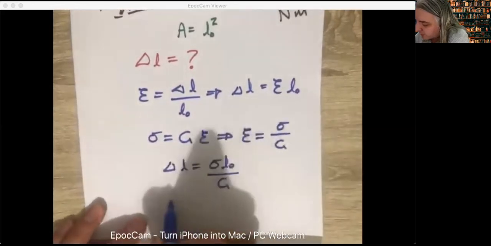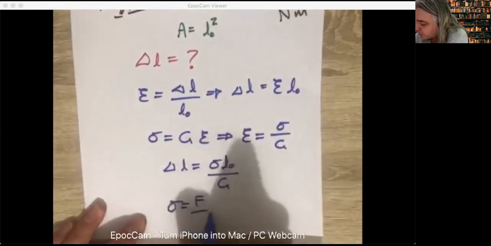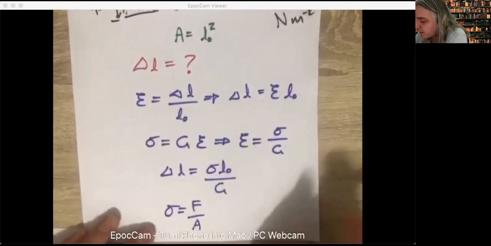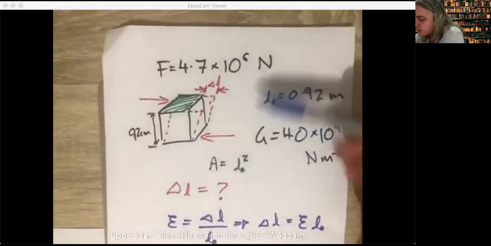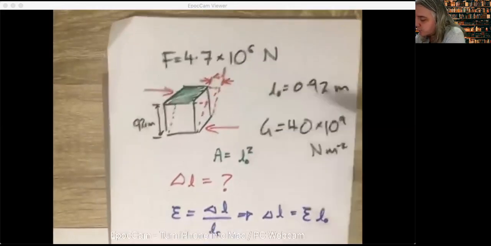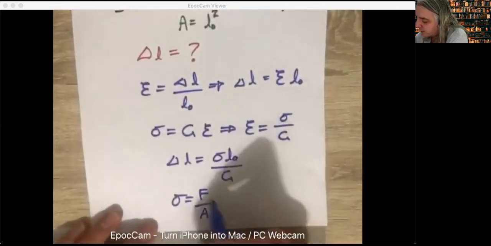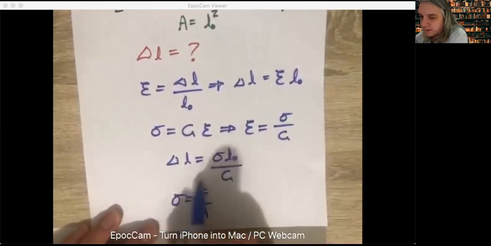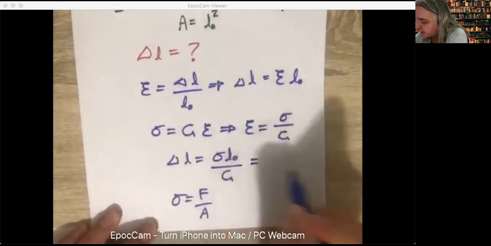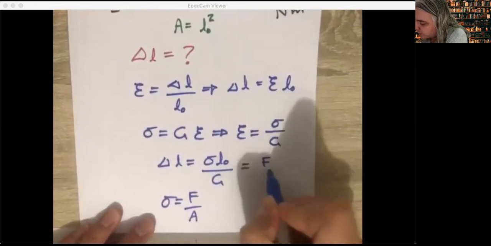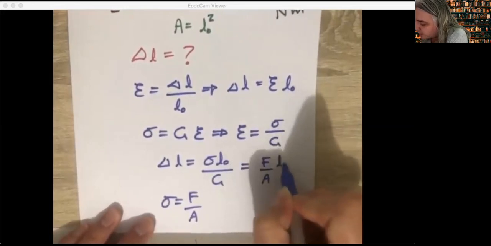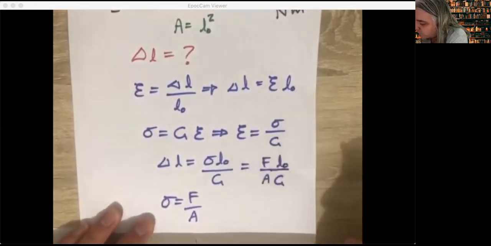And hopefully you can all remember that stress is just force over area. And remember we had our force. We know the area is just L naught squared. So we actually know both of these. And that means that we can put this in place of our stress in this formula, and it becomes force over area times L naught over G.